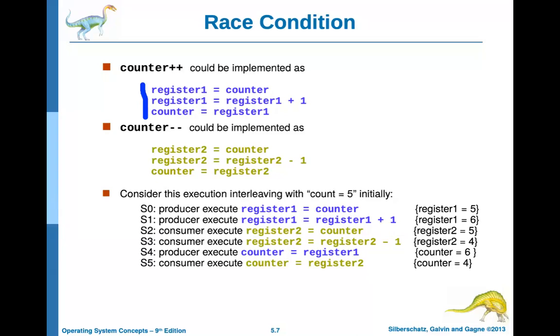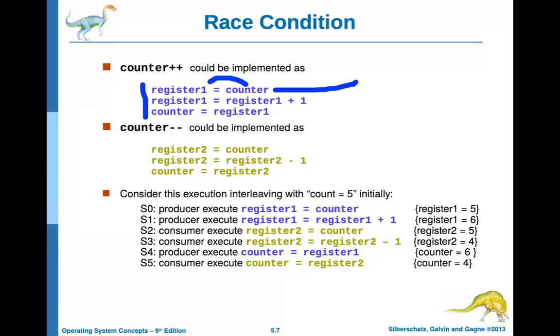See, counter is just a variable, right? And a variable denotes a memory location. So this is kind of a load, wherein the value of counter, that is the value at this address, will be loaded into your accumulator. Let us call that register 1.